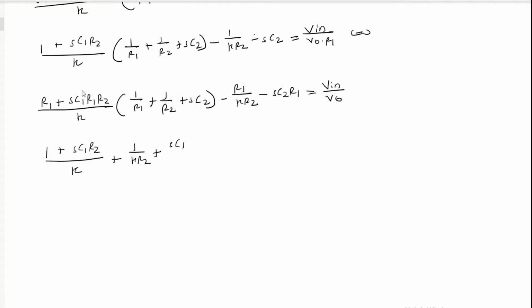And here I actually make a mistake. I write 1 over K times R2, but it's supposed to be R1 divided by K R2. But I fixed that error later. And finally, the parentheses is multiplied out, and we still have the remaining terms.